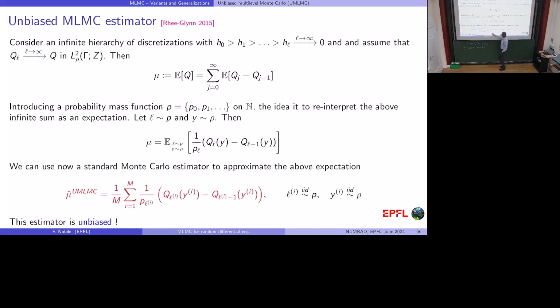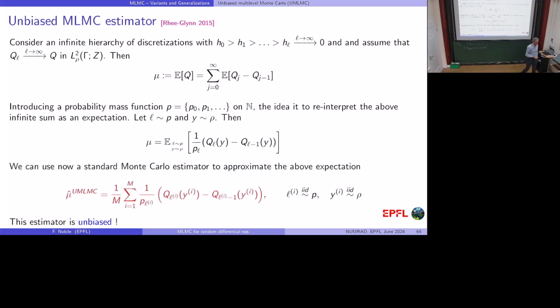Okay, so here is the estimator. Again, for each sample, you have to draw a level, you have to draw a realization of the noise, you compute this difference, and you take the average. And it's unbiased because if I take the expectation of this, I get to this, which is equal to that, which is equal to mu.